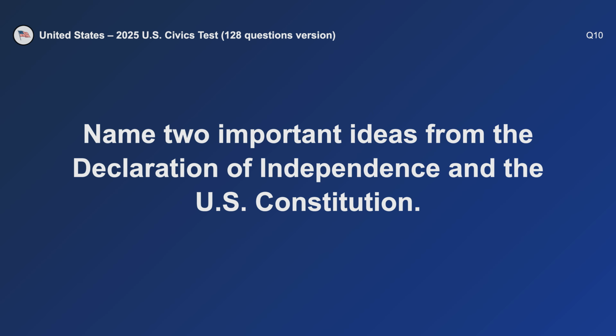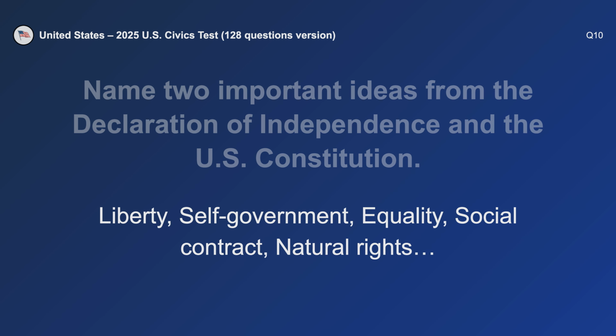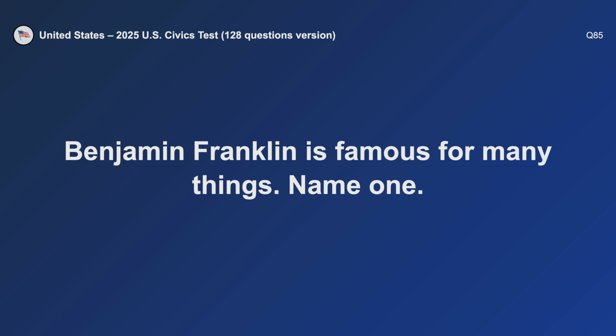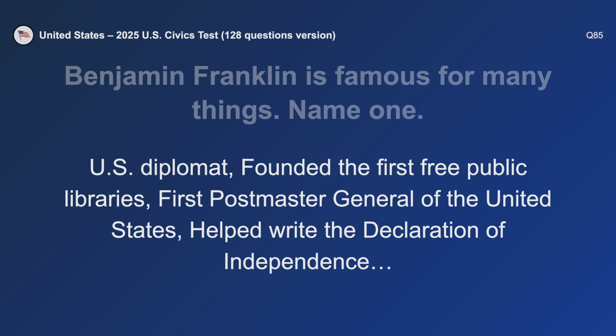Name 2 important ideas from the Declaration of Independence and the U.S. Constitution. Liberty and self-government. Benjamin Franklin is famous for many things. Name one. U.S. diplomat.